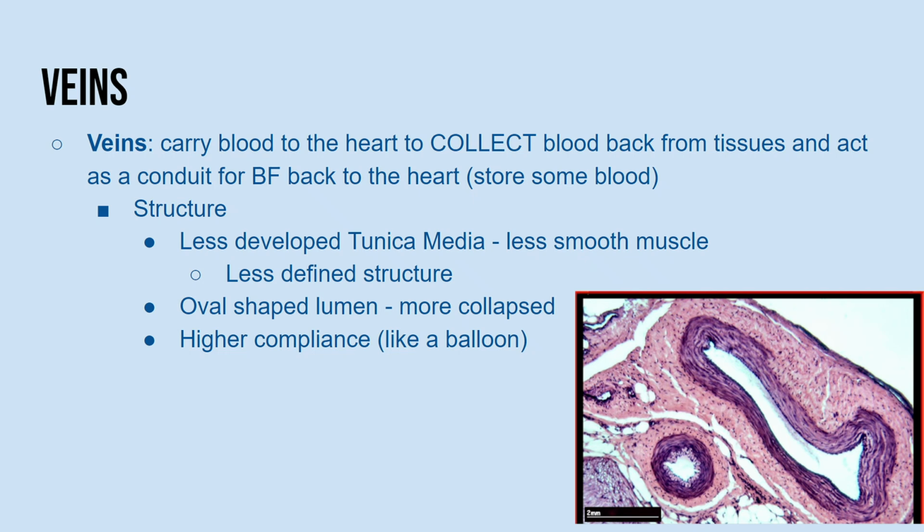They have an oval-shaped lumen, which is more collapsed, and they have a higher compliance, so they're more stretchy, like a balloon. Because in some regions of the body, the veins really act as like just a storage reservoir for a lot of our blood. I think especially in the legs.